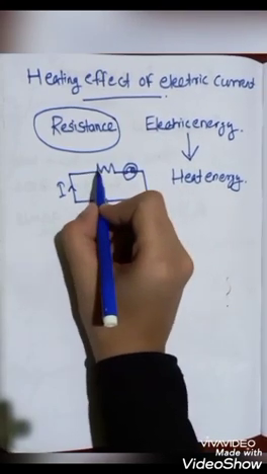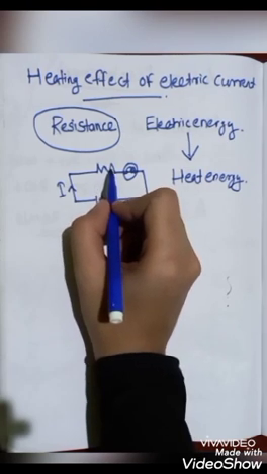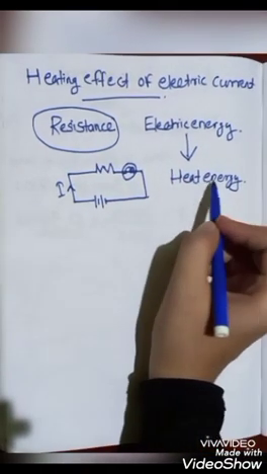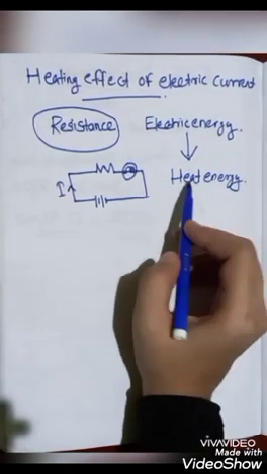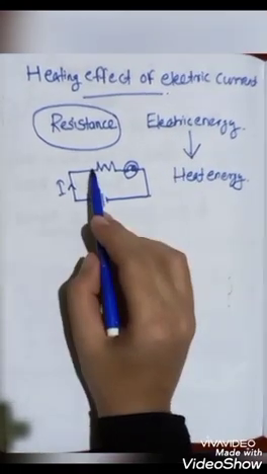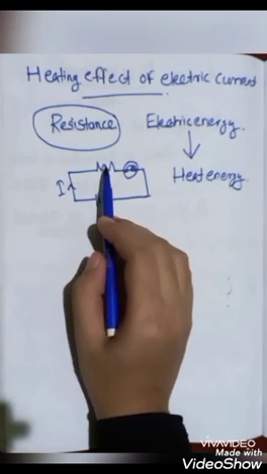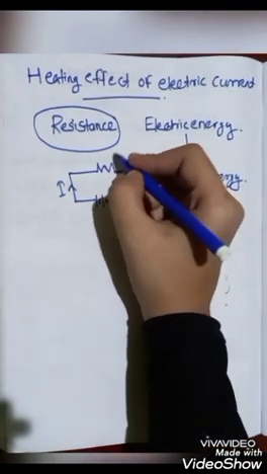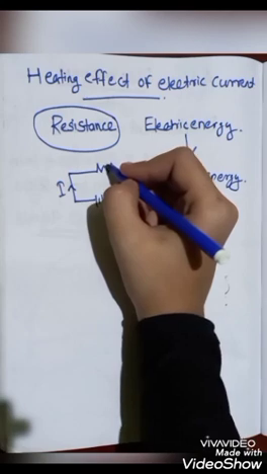Here the resistor is connected. The resistor blocks the electric current. Some of the current is converted into heat energy. We know the electric current is electrical energy, and this electrical energy is converted into heat energy. Some of the electric current is converted to heat energy, and some goes away from here as heat.